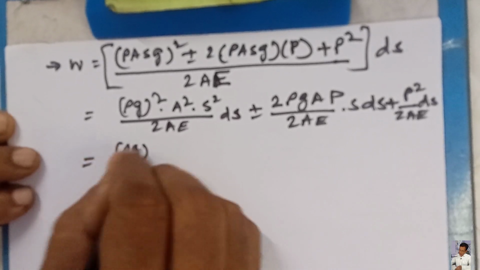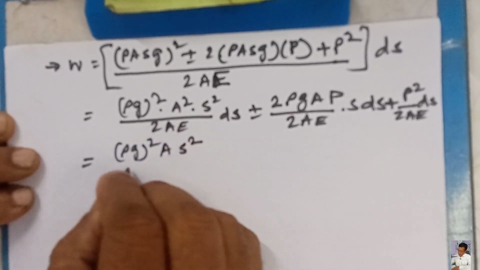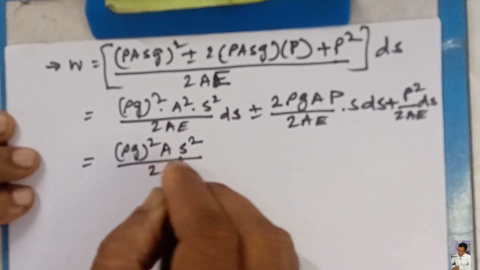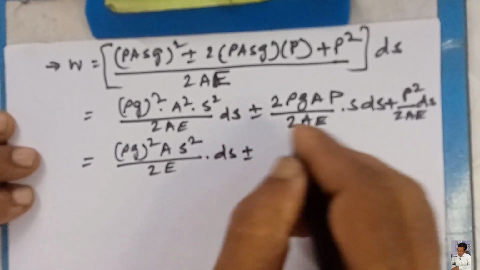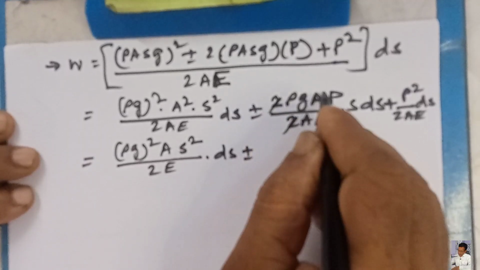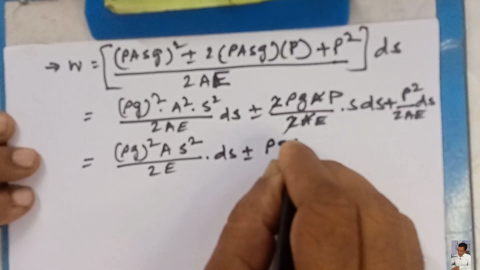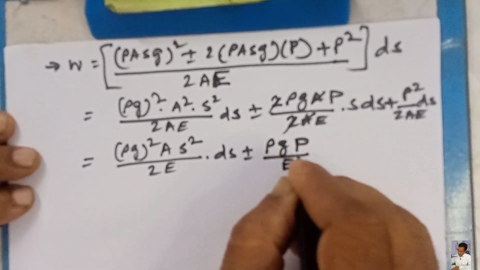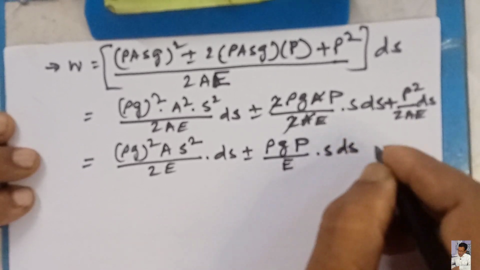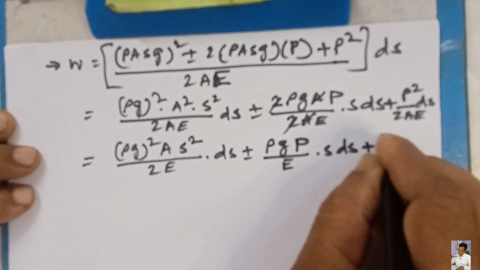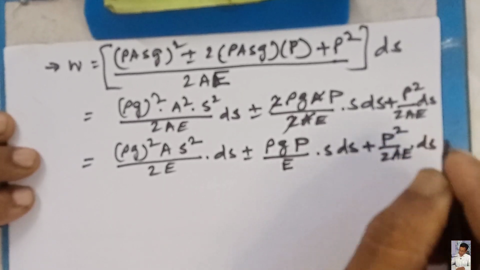That is rho G square A S square divided by 2E into ds, plus minus, with 2 cancelling and A cancelling, rho G into P divided by E into S ds, plus P square by 2AE into ds.